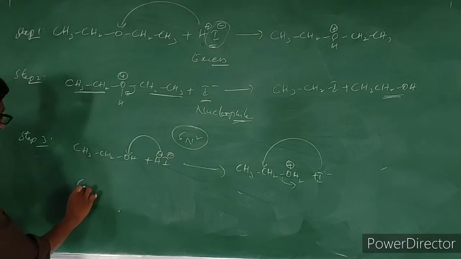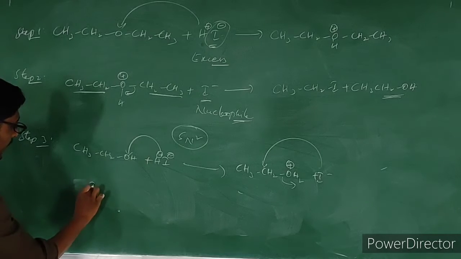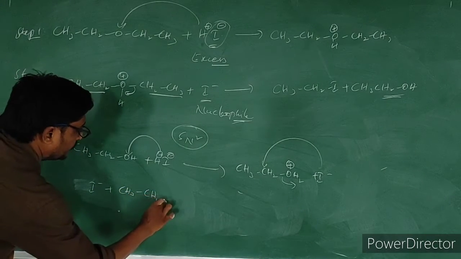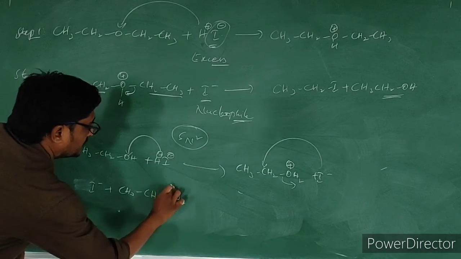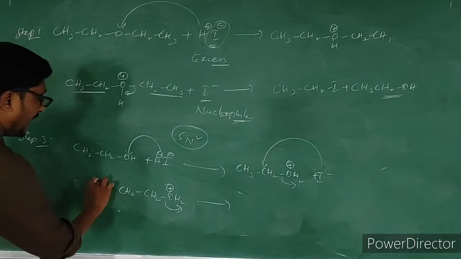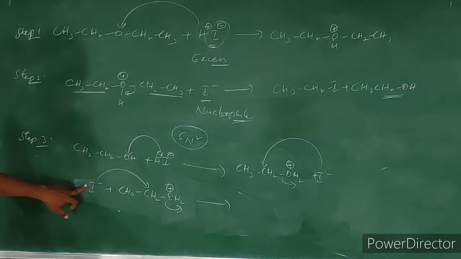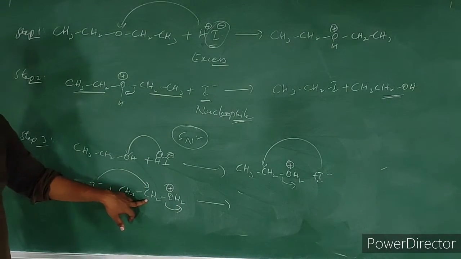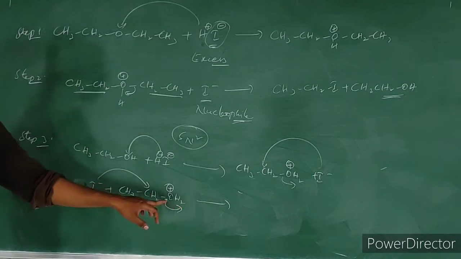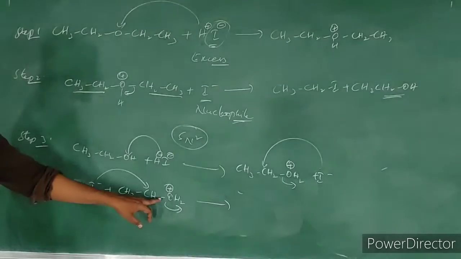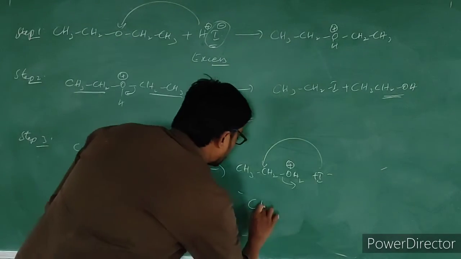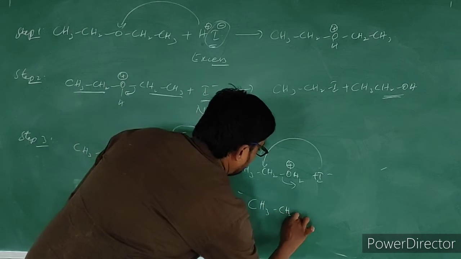I minus plus CH3CH2OH2 plus. This will come out as H2O and I minus. This is the nucleophile which is attacking this positively charged carbon. If OH2 plus comes out, it will take both the bonded electrons and come out. This results in the formation of ethyl iodide in this way.